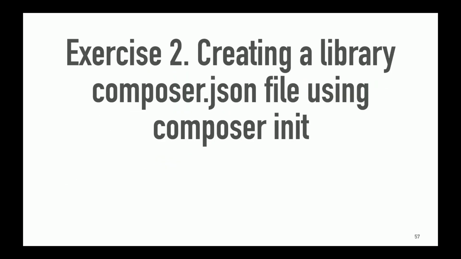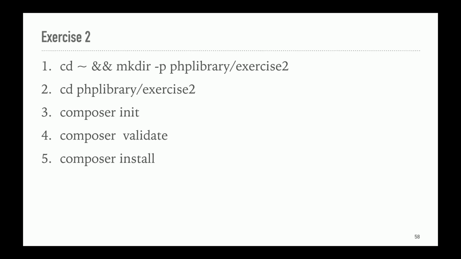So let's go to our exercise 2. Composer also has a tool called composer init, which is very useful because you can now create your composer JSON file using this tool instead of doing it manually. So this is what we would do.